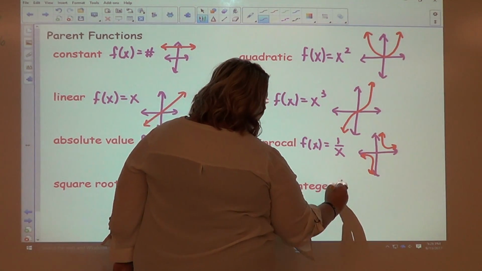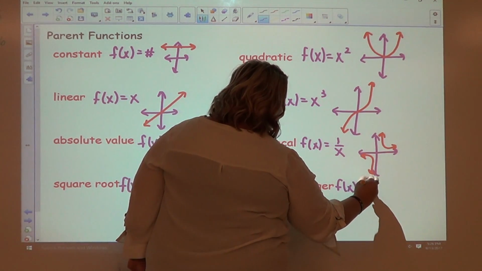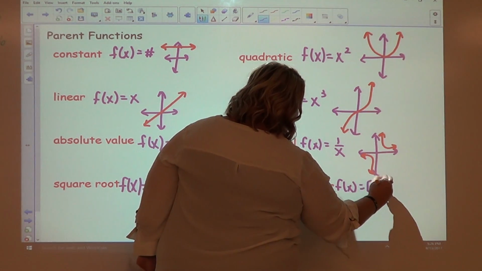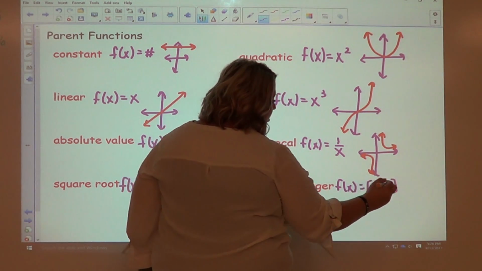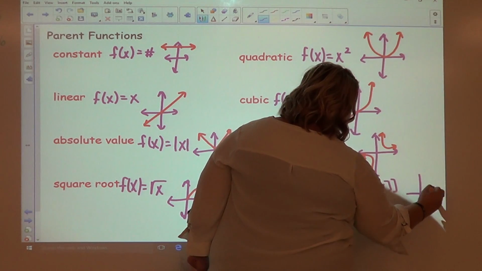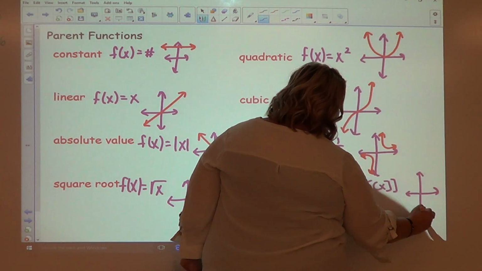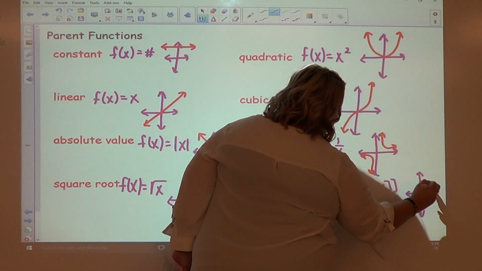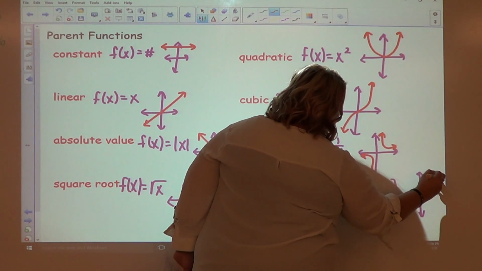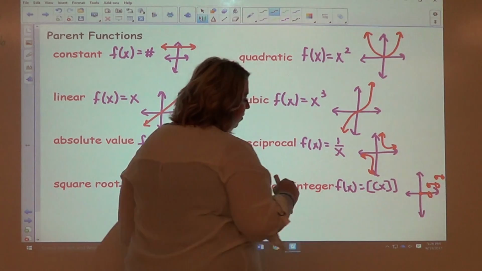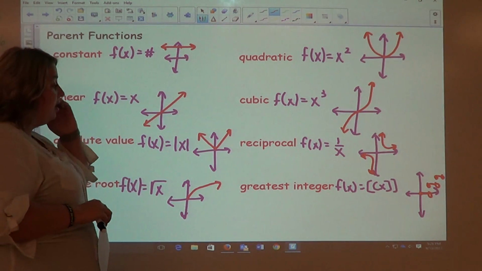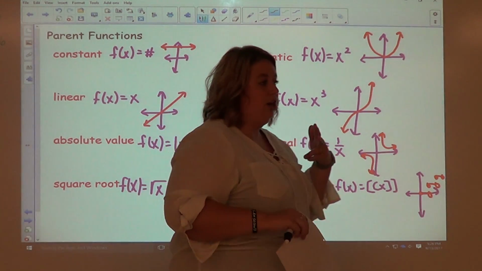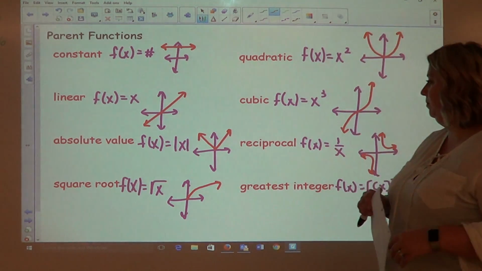And then your greatest integer function, which is what I talked about today, and I talked about in Algebra 2 as well. This is your step function, so the ones that make the steps. Okay, you're going to have to be able to recognize parent functions and know how to use parent functions.